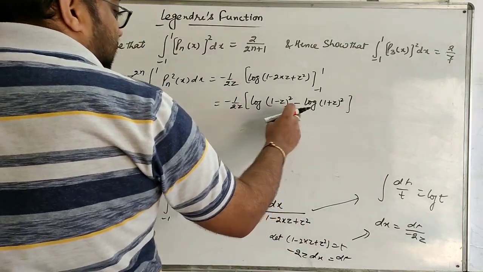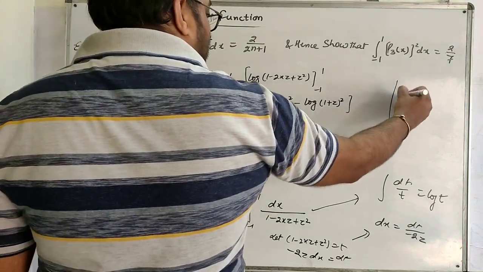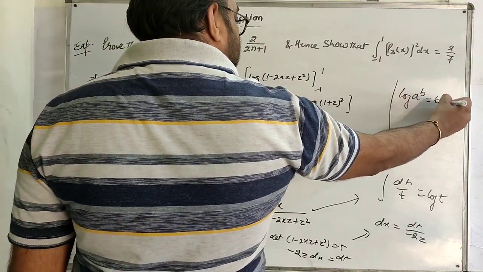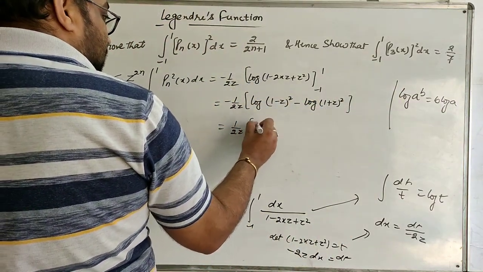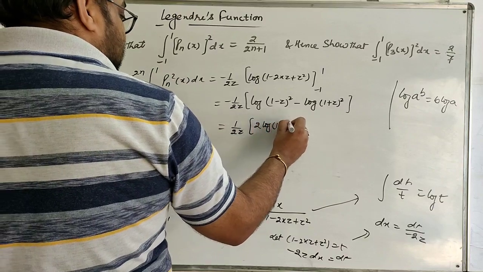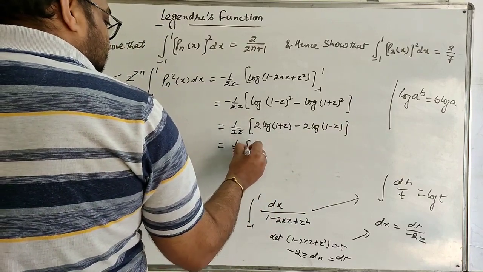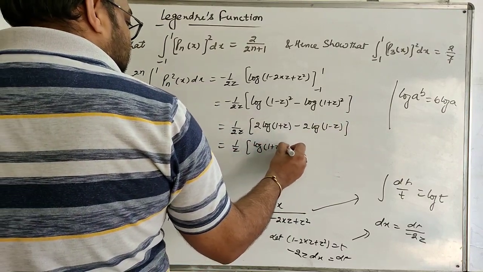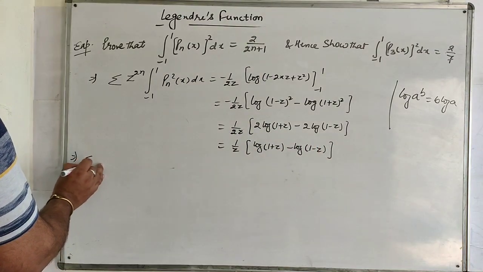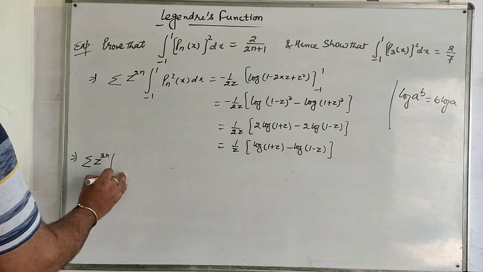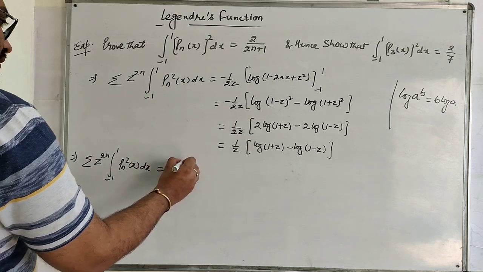Or we can take the minus inside the bracket and apply the property of log, that is log a raised to power b is equal to b log a. So what do we get? 1 upon 2z, twice log (1 plus z) minus twice log (1 minus z), or we can write it as 1 upon z [log (1 plus z) minus log (1 minus z)], or sigma z raised to power 2n integral from minus 1 to 1 of Pn square (x) dx is equal to 1 upon z.